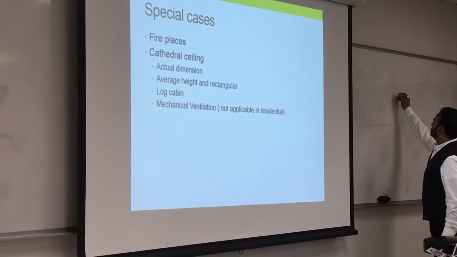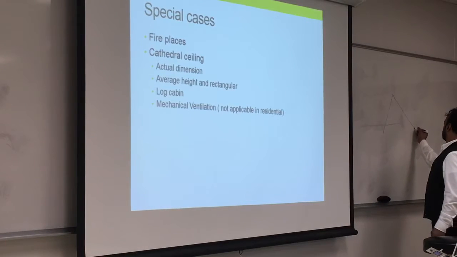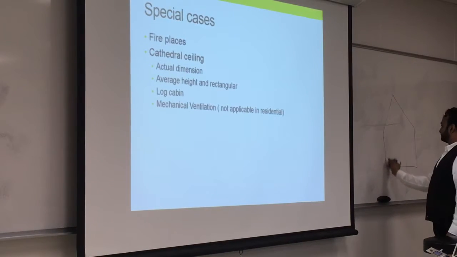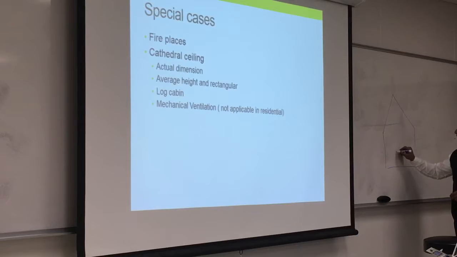So let's say we have a house. When we do the volume, you're gonna get the entire volume. You're gonna add this space, V1 plus V2. The bottom and the top, that's for the infiltration, okay? What if we have skylights in it?